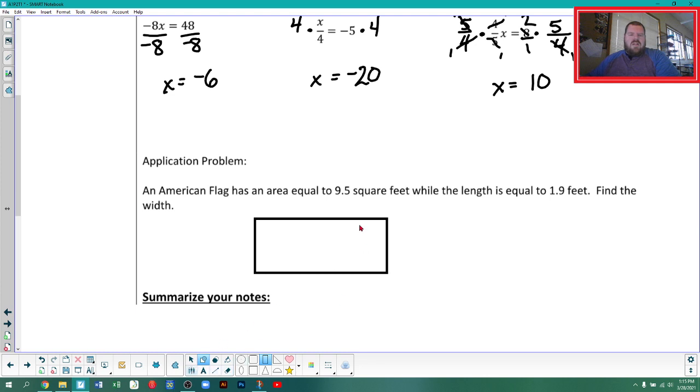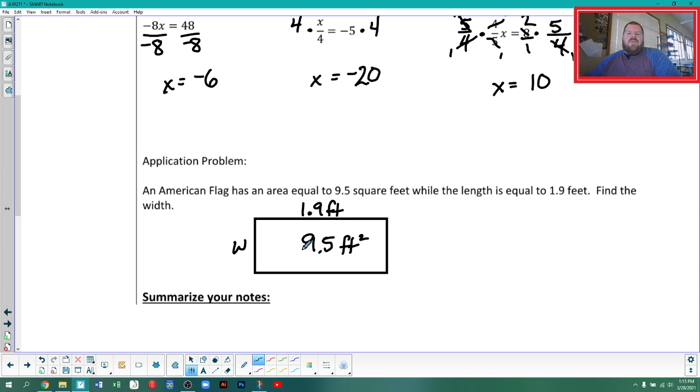Okay, and it says that the square footage of that rectangle is 9.5. And this feels a little bit backwards, but we're going to say that it has a length of 1.9 feet, and we want to find the width. I have a feeling the width is going to be longer than the length. Kind of a typo in the problem, but that's okay.